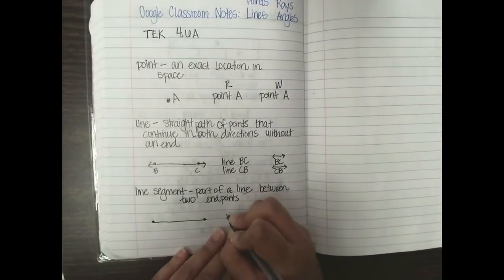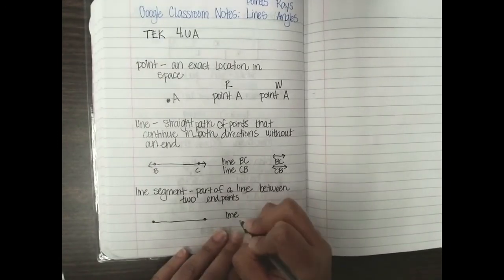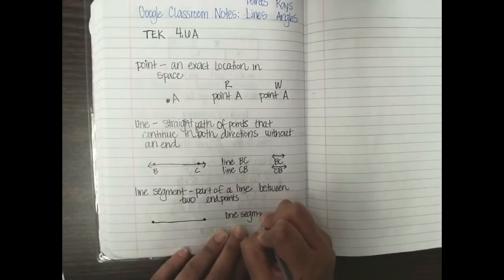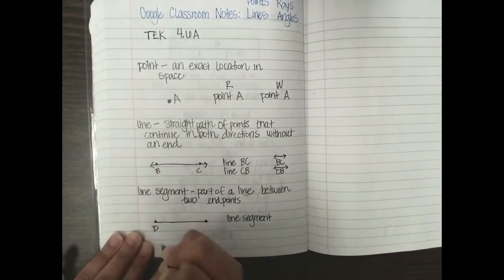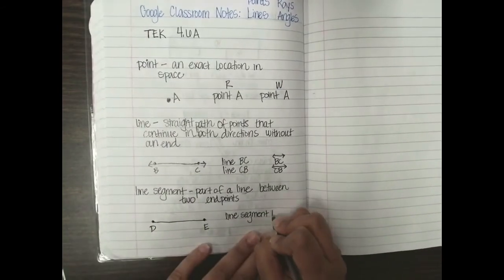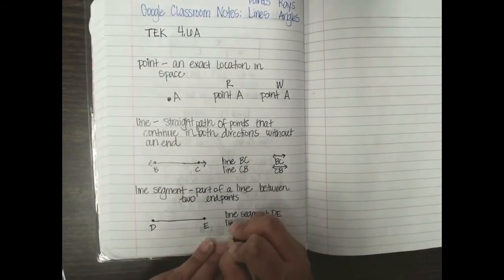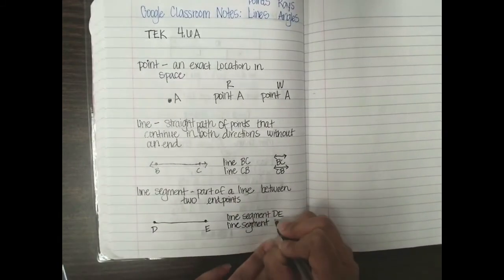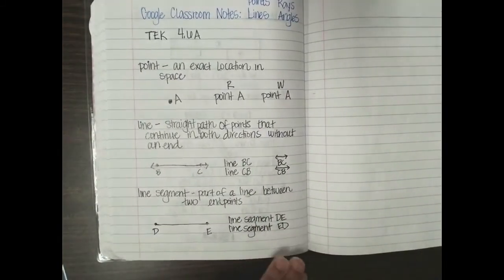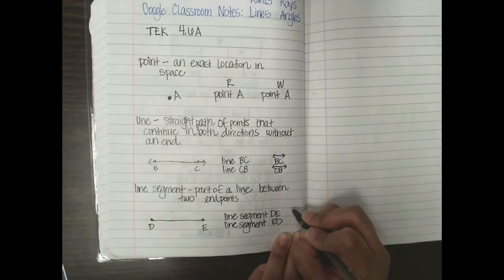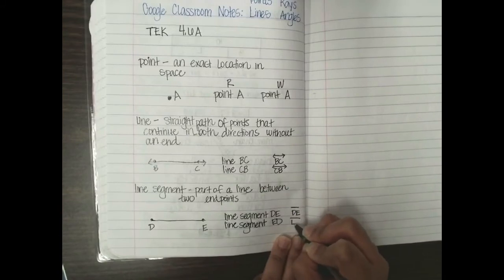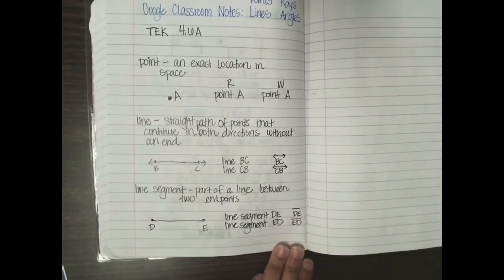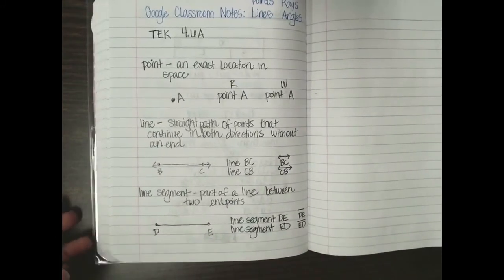So the way to read it is I would say this is line segment DE, or I would say this is line segment ED. And to write it, you would just draw a line and write DE or ED. But there will be no arrows because you're showing that it stops.